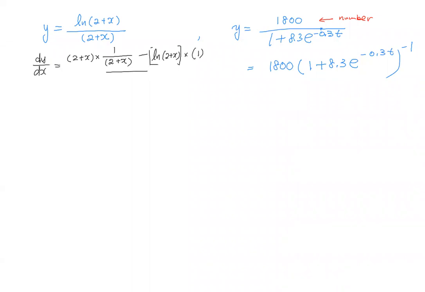The whole thing divided by bottom square. You see, I can go very slow. So I simplify. So I get the answer: 1 take away ln 2 plus x, the whole thing divided by 2 plus x squared.